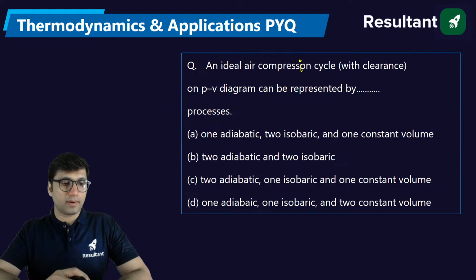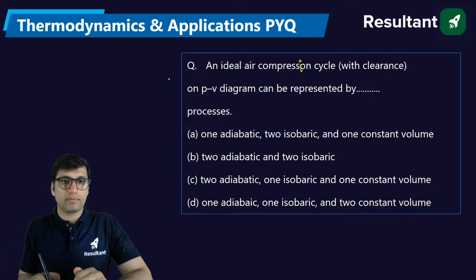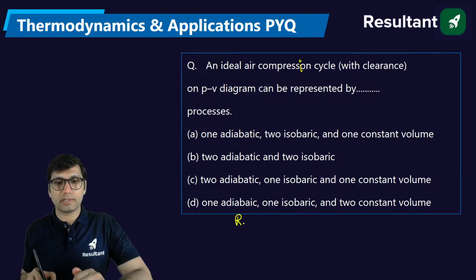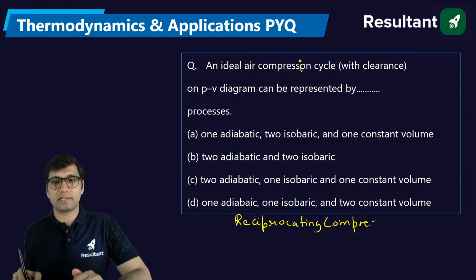An ideal air compression cycle with clearance on the PV diagram can be represented by. What is the meaning of with clearance? When we study the reciprocating compressor, we can study two conditions: one is the ideal condition, one is the actual condition.